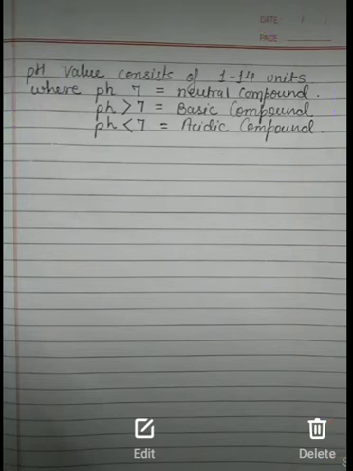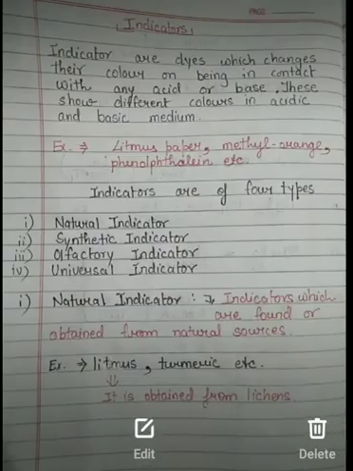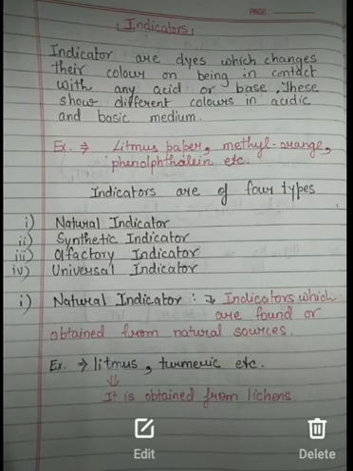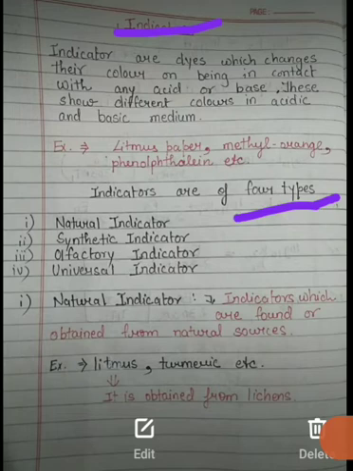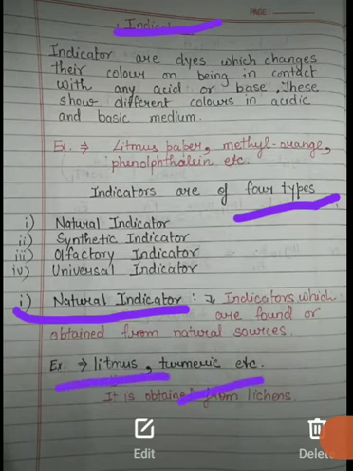Now students, let's recall what we have studied. We have studied about indicators. Okay, what are indicators? They are nothing but dyes which change their color on being in contact with any acid or base. Okay, the examples are litmus, methyl orange, phenolphthalein. Now these are of 4 types, that is natural, synthetic, olfactory and universal. Talking about natural, they are obtained from natural sources, that is litmus and turmeric.